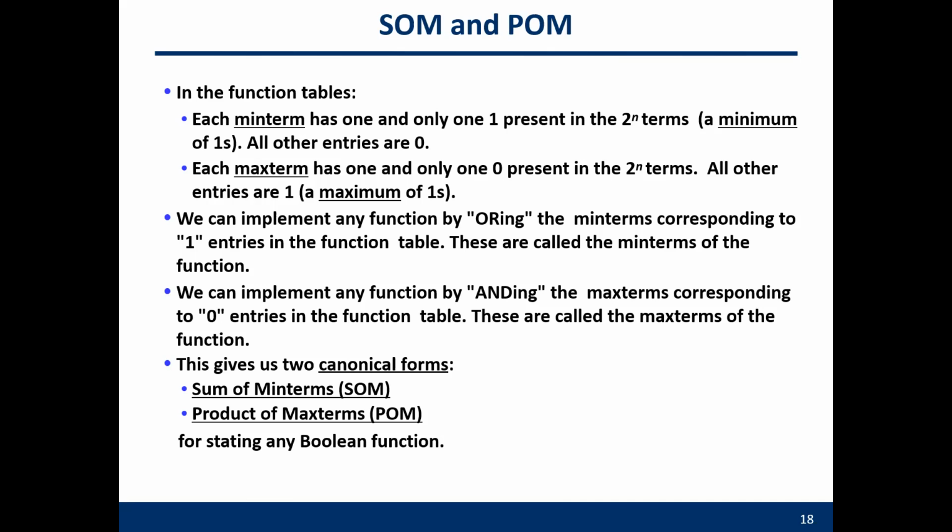This is called the minterms of the function. We can also implement any function by ANDing the maxterms corresponding to 0 entries in the truth table. This is called the maxterms of the function. In this case, we have two canonical forms: one is the sum of the products, or the product of the maxterms, or product of the sums.